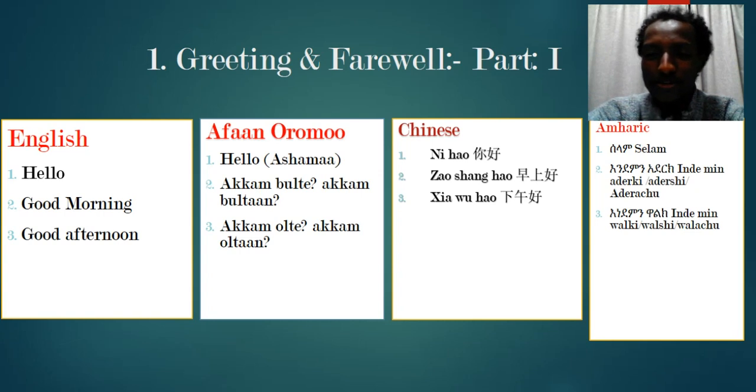If not, we can say እንደምን ዋልሽ. If we want to show some respect, or if a lot of people gather together, we can say እንደምን ዋላችሁ, እንደምን ናችሁ. Like this, we can speak it.